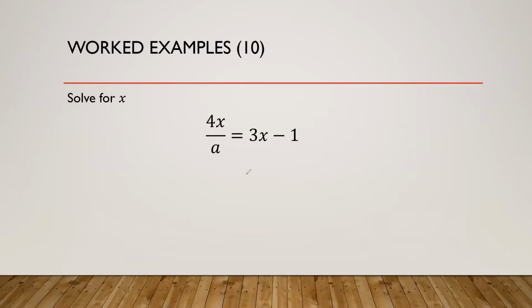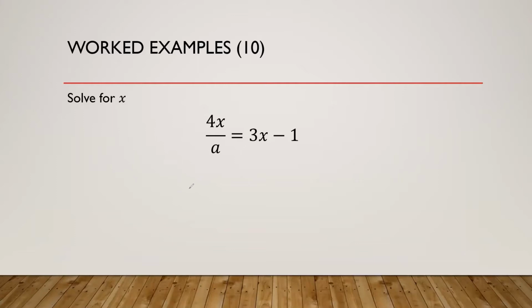But the difference here is that A is actually a denominator. Now, remember what we said before: when you're dealing with a fraction, the first thing you want to do is get rid of that fraction. And that's exactly what we're going to do here. In order to get rid of A as a denominator, we've got to multiply all the terms by A.